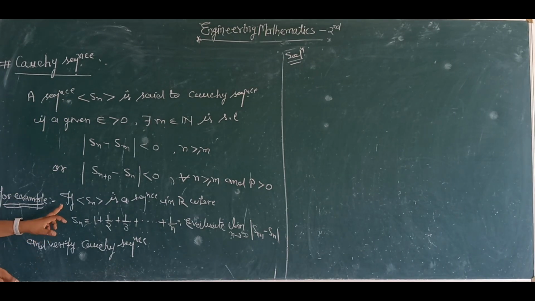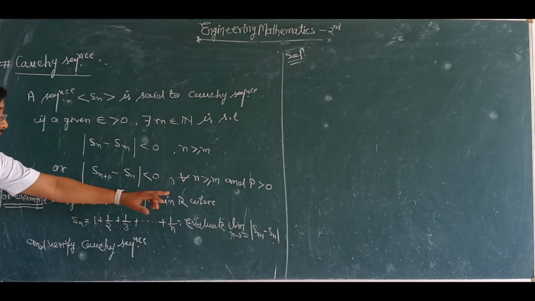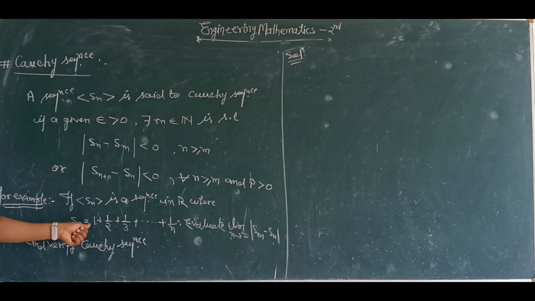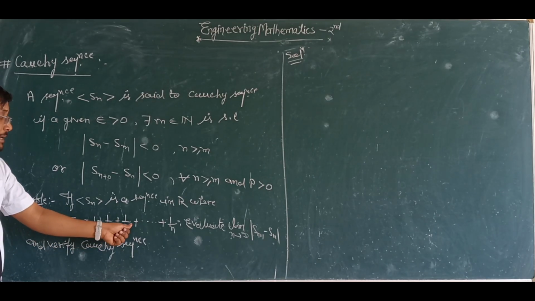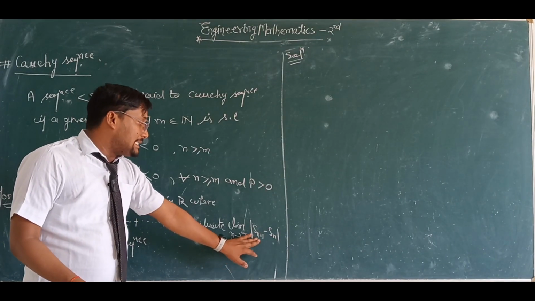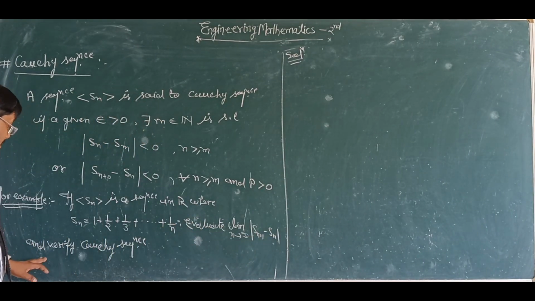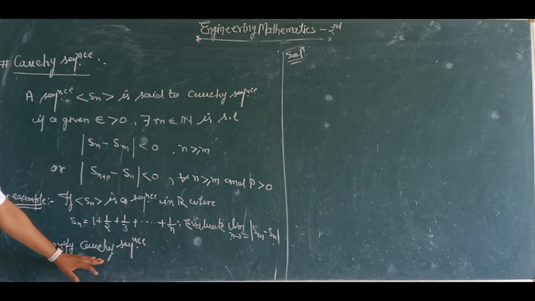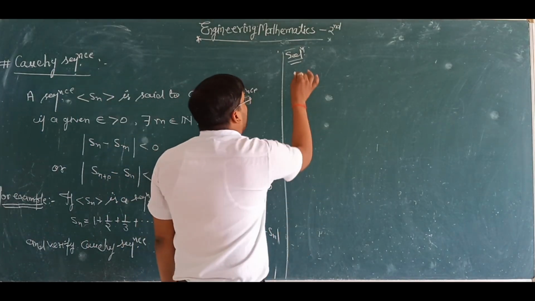You can note down the example of a Cauchy sequence. If Sn is a sequence in R where Sn is equal to 1 plus 1 upon 2 plus 1 upon 3 plus up to 1 upon n, evaluate limit n tends to infinity of Sn plus 1 minus Sn and verify the Cauchy sequence. First of all, note down the solution.